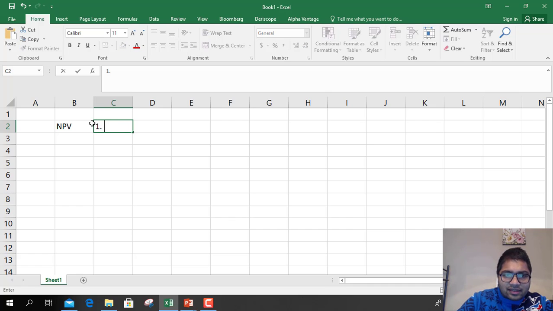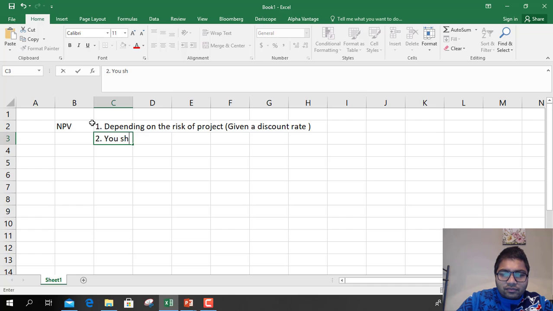The NPV rule says, depending on the risk of the project, that is, given a discount rate, you should accept a project if the present value of benefits is greater than the present value of costs.